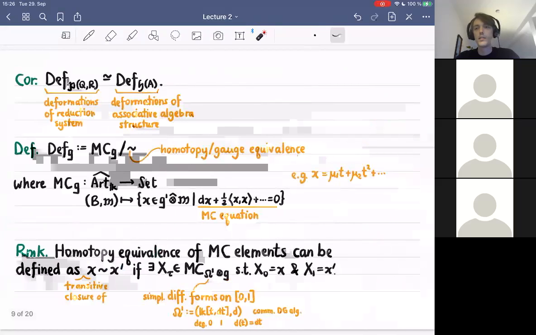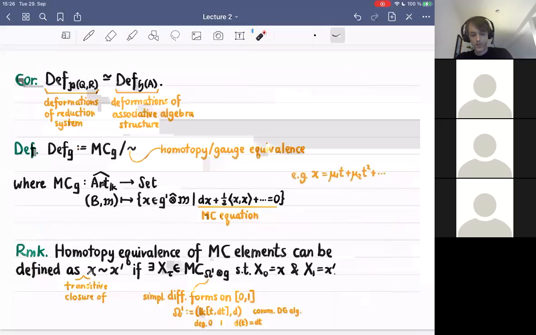Okay, and then by the general theory of deformation theory via L infinity or DG Lie algebras, you get that on the right you have this deformation functor which controls deformations of the associative algebra structure on A, and this deformation functor is actually isomorphic to the one that you can define from this L infinity algebra.